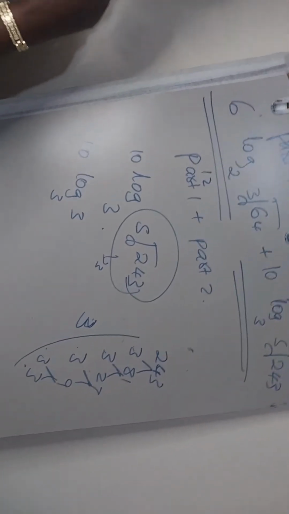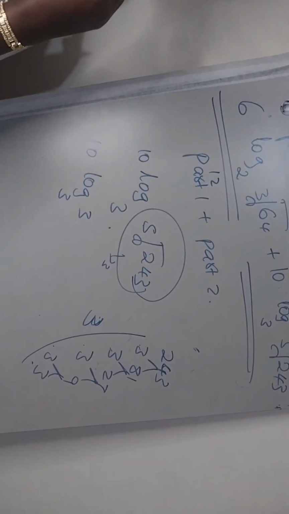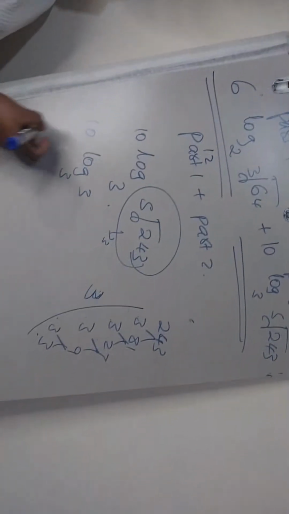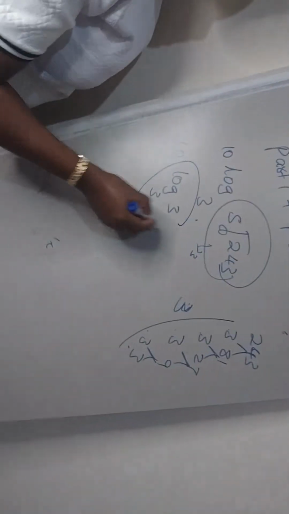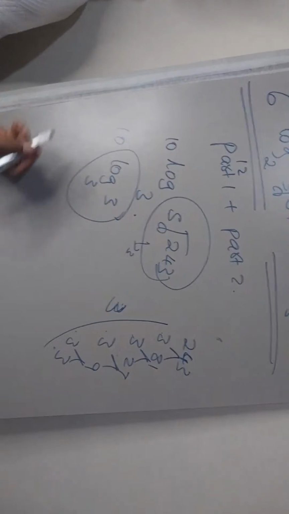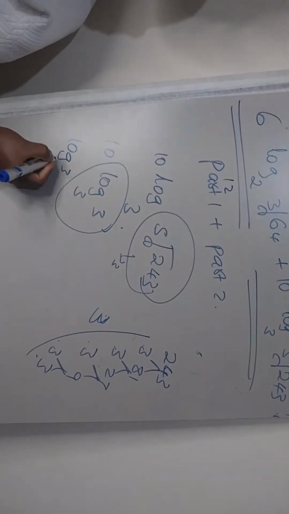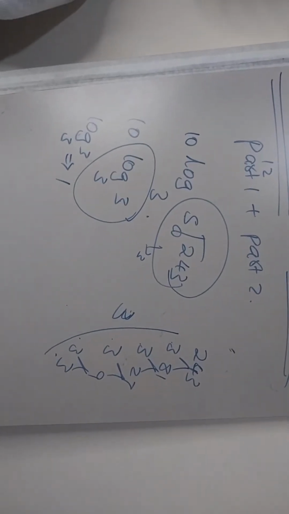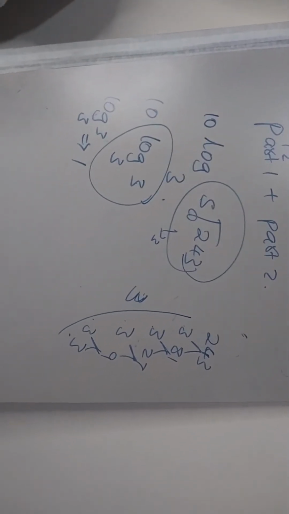If I were you, I would do this question using 2 methods. This is giving us 1. I say when the base resembles the number there, it is 1. So log 3 to base 3 is equal to 1. 1 times 10 gives us 10.